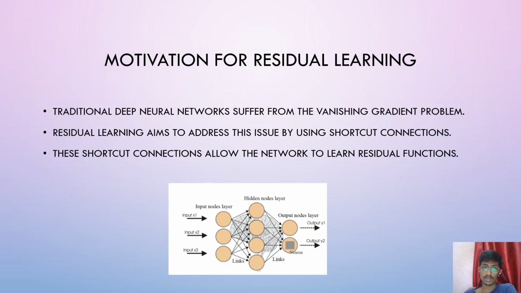ResNet overcomes that by addressing the issue with shortcut connections. A shortcut connection means that instead of connecting to every single node from the input layer to the hidden nodes and from the hidden layer to the output node, it will choose a path which is short.